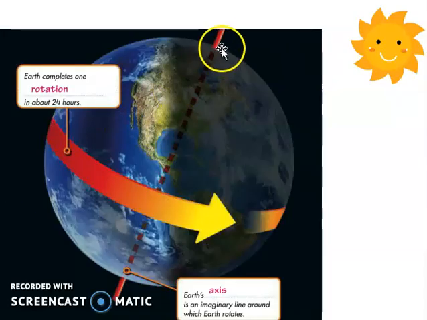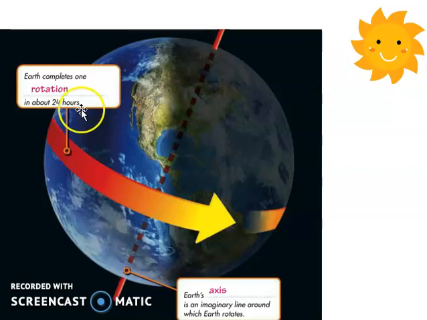Let's try to look at this one. This red broken line here is called an axis. That is an imaginary line around which Earth rotates. Rotation causes the 24 hours or 1 day of Earth.